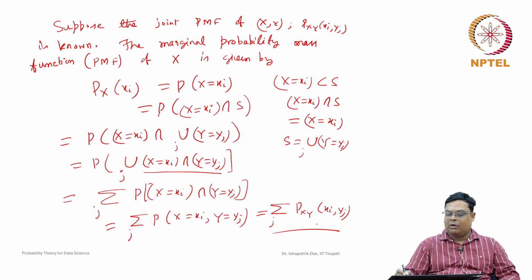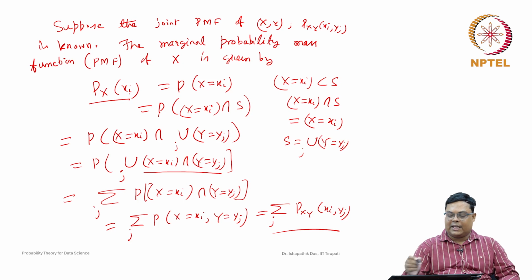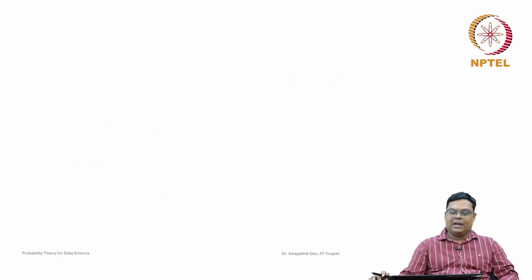So, basically what we found? If you want to find the marginal probability mass function of x_i using the joint probability mass function, you fix a particular value of x_i and then you sum over the other values y_j. So, it is the summation over j of p_XY of x_i, y_j.